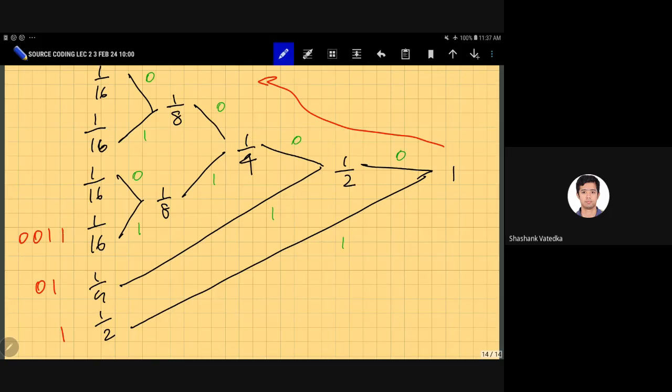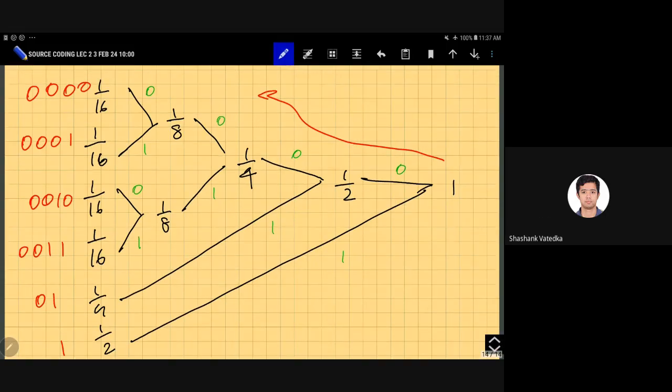And then 0, 0, 1, 0. 0, 0, 0, 1 and 0, 0, 0, 0. Right?